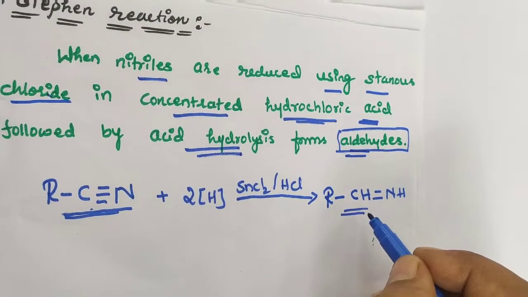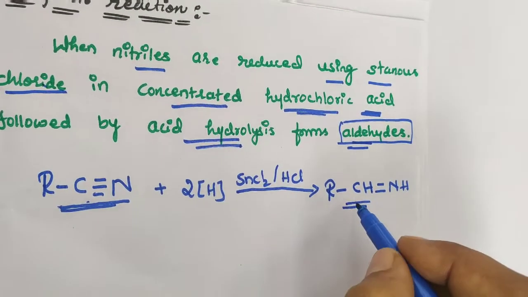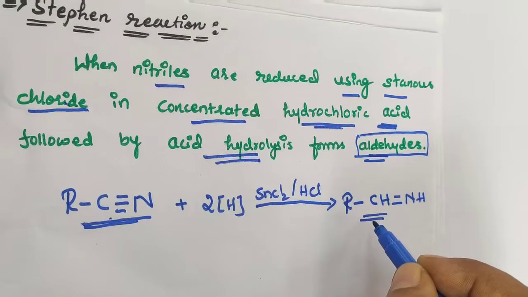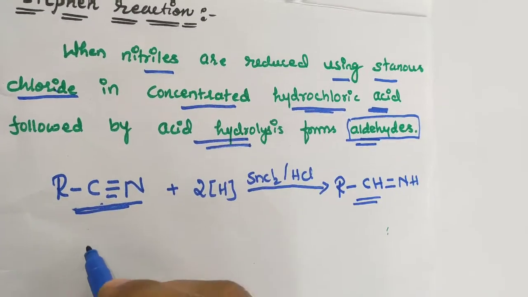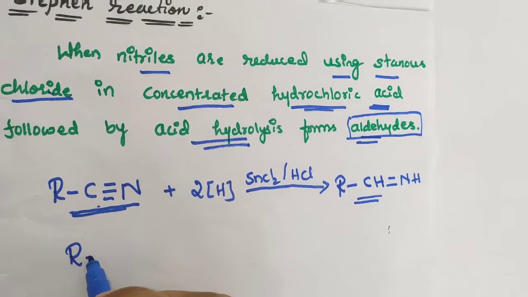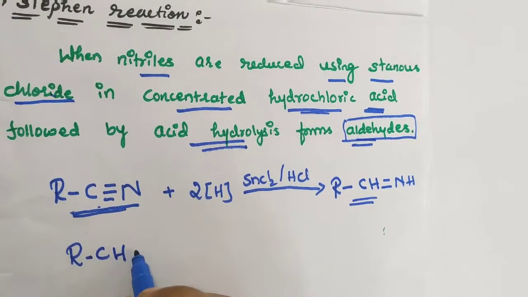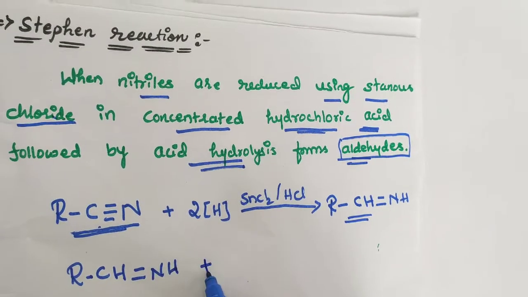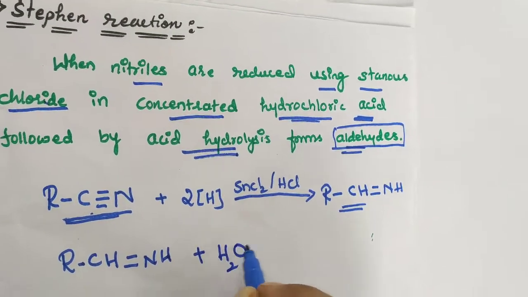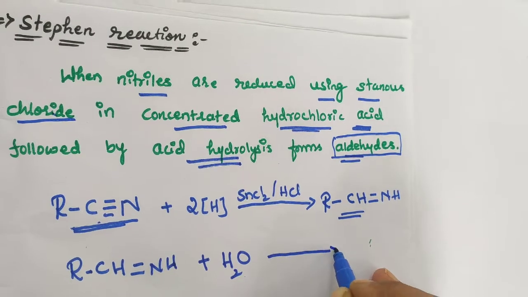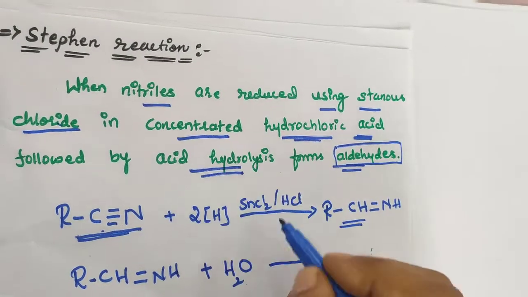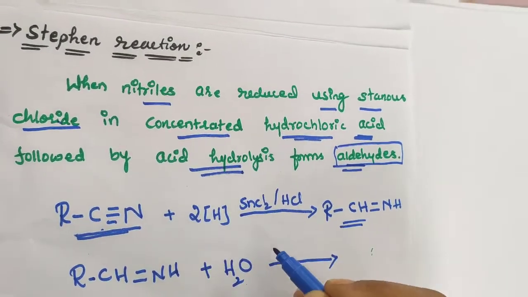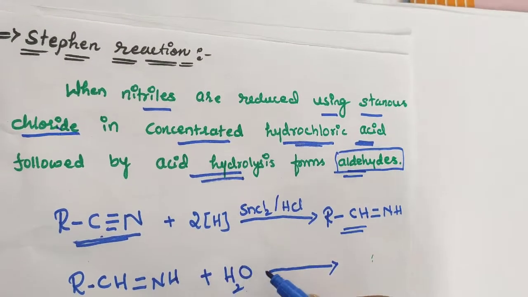For the second step, whatever intermediate product we obtained, we take as the reactant. Here we have RCH double bond NH, and we add a water molecule. I have already mentioned that we are applying hydrolysis in the presence of acid, so it is called acid hydrolysis.